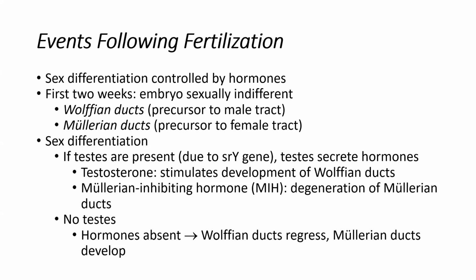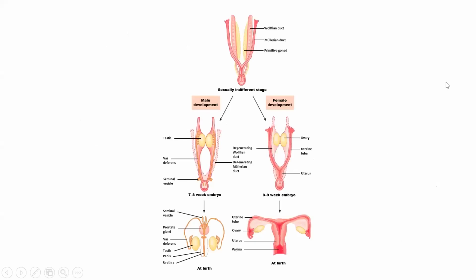So you can have a genetic male presenting as a physical female if there are abnormalities with the SRY gene on the Y chromosome. Here is an illustration of that kind of sexual differentiation.